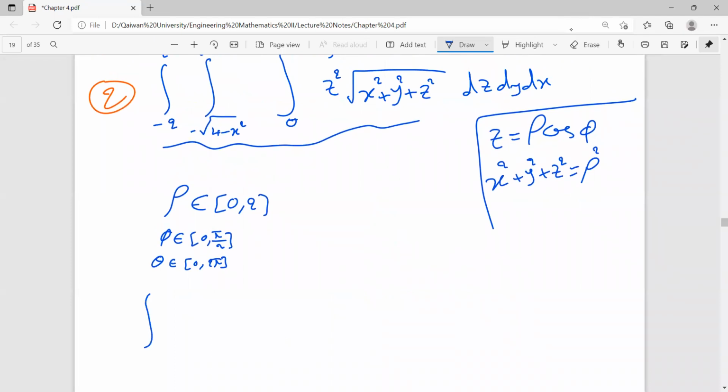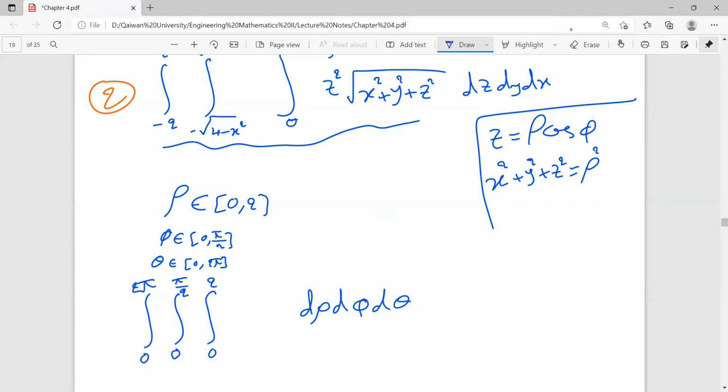We have the triple integral, first with respect to rho, d rho, where rho is from 0 to 2. The second is with respect to phi, d phi, where phi is from 0 to pi over 2. And we have d theta, where theta is from 0 to 2 pi.